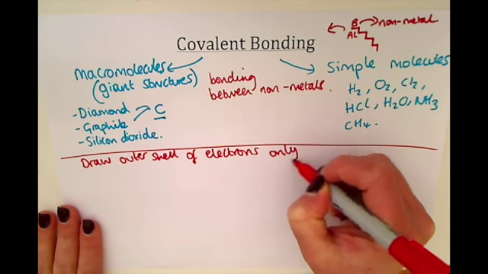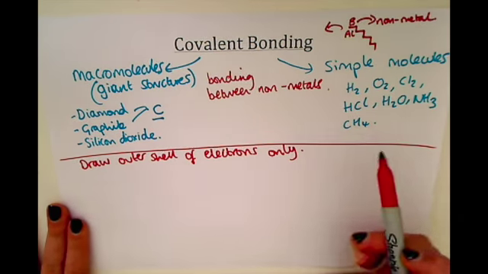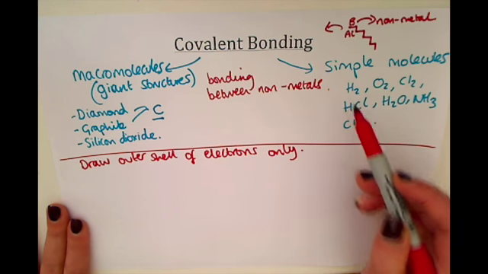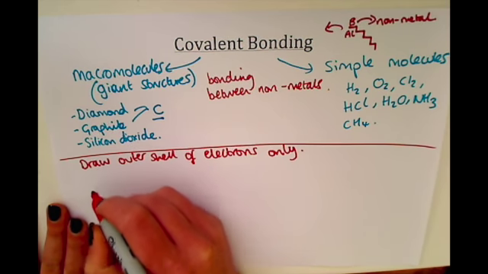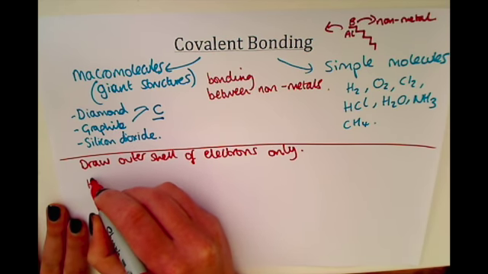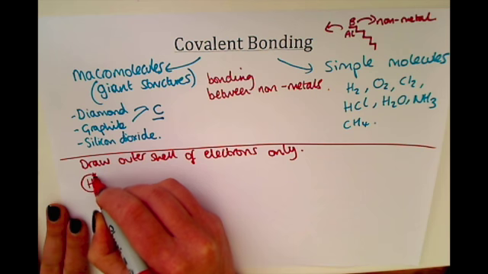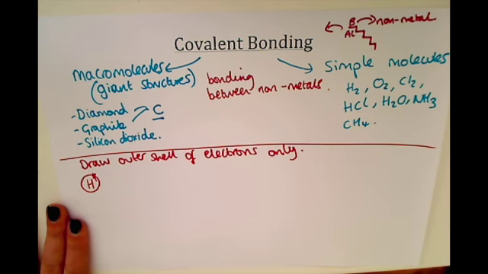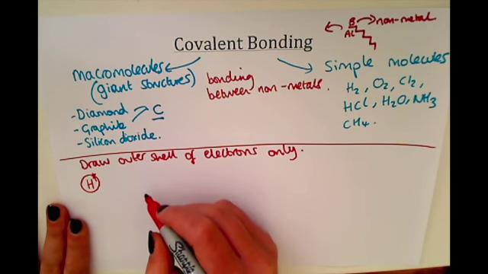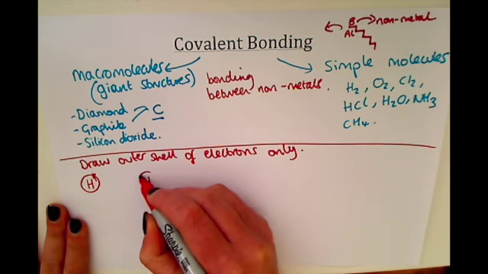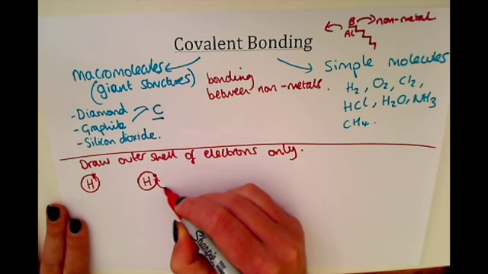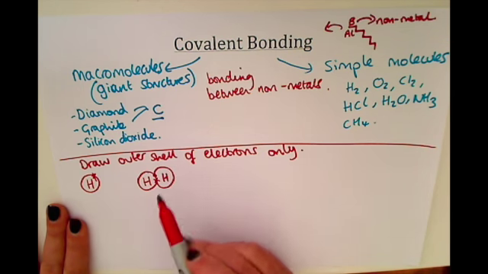Draw the outer shell of electrons only. So for example, to take the most simple one, H2, the number 2 tells you that there are two hydrogen atoms bonding together. Hydrogen atoms themselves have only one electron in one shell. So two hydrogen atoms bonded together, I'm going to draw one as a circle to help us and one as a cross, would look a little bit something like this.